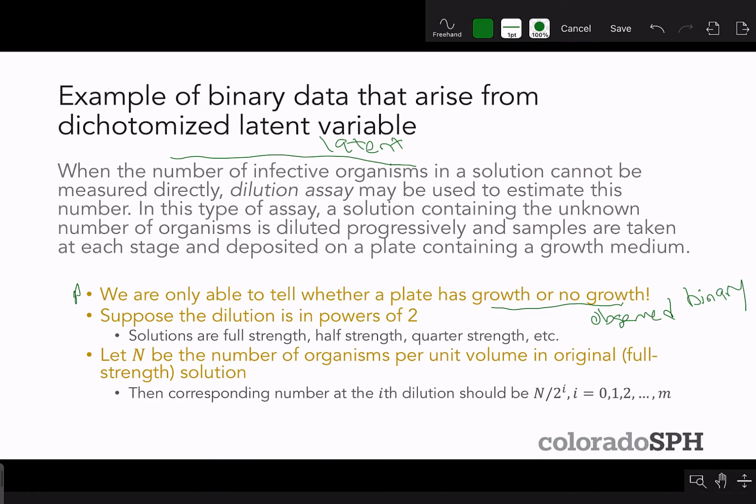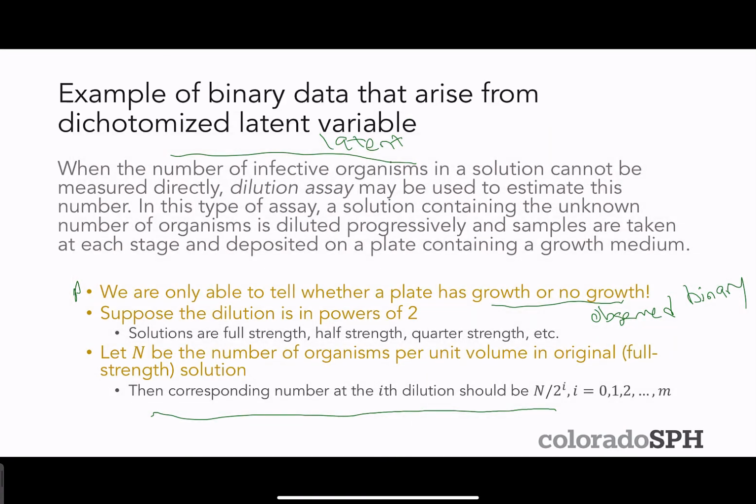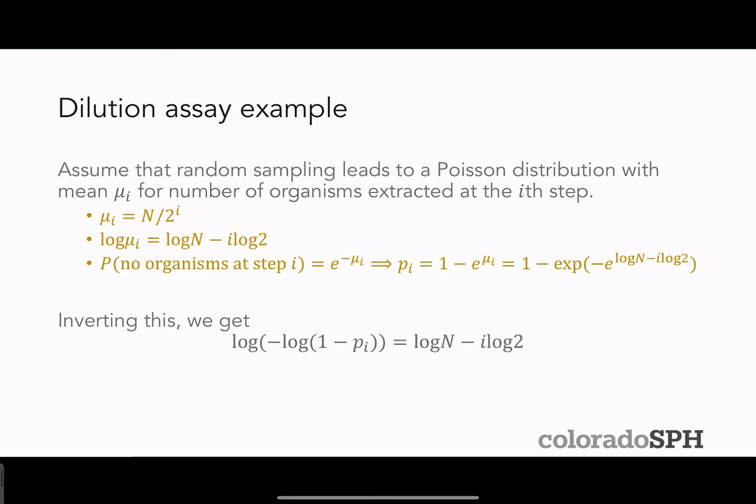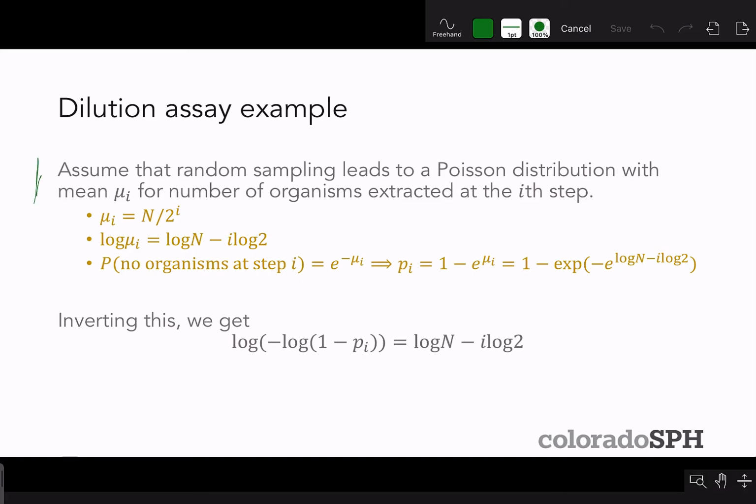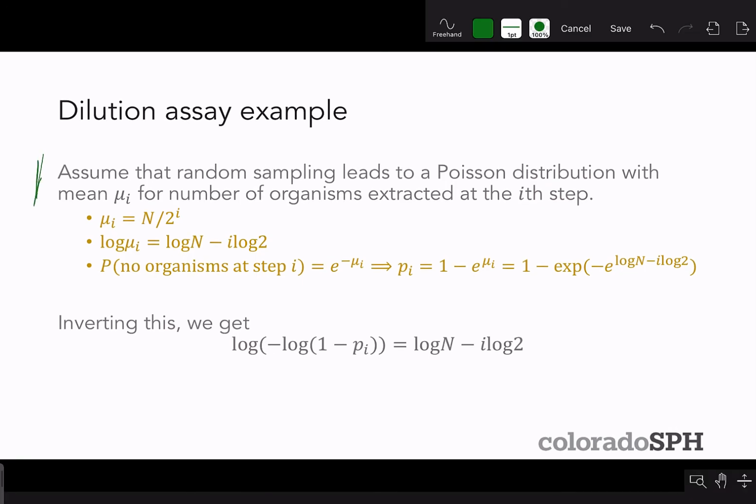So let's suppose also that the dilution is in powers of 2. You have full strength, half strength, quarter strength, etc. And N is the number of organisms per unit volume in the original solution. Then the corresponding number at the ith dilution should be N over 2 to the i. You can again assume that the random sampling leads to a Poisson distribution with mean mu for the number of organisms extracted at the ith step.